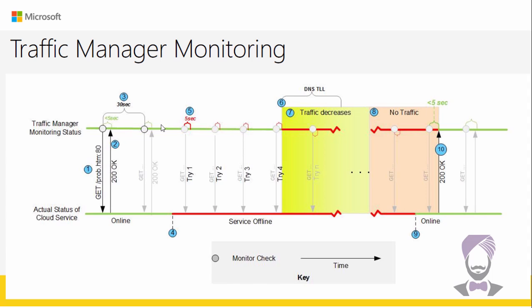As you can see on your screens, there is a Traffic Manager monitoring system that's working. It's constantly working. Every 30 seconds it tries to ping your cloud service or its virtual machine, whatever it is. As you can see in step 1, it sends the GET probe, and if within 10 seconds it gets the 200 OK, it will assume that it's online and working.